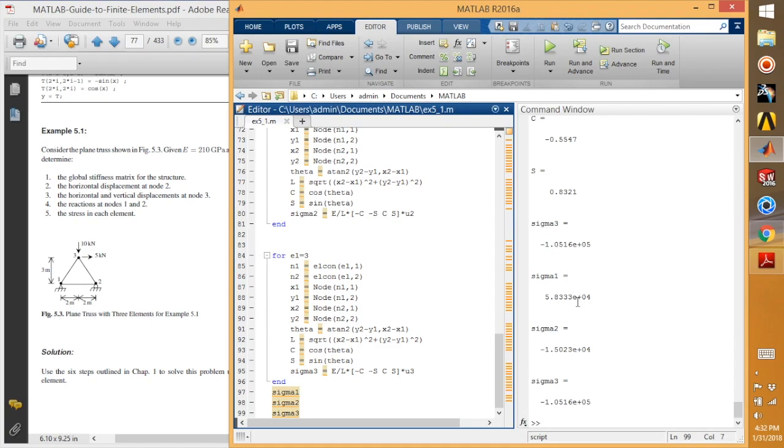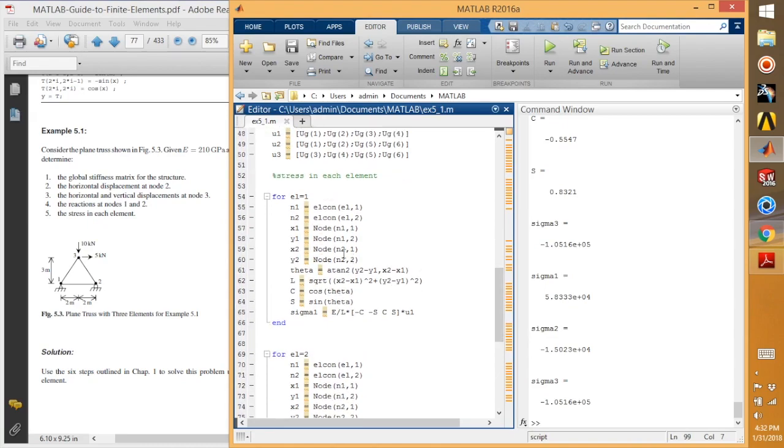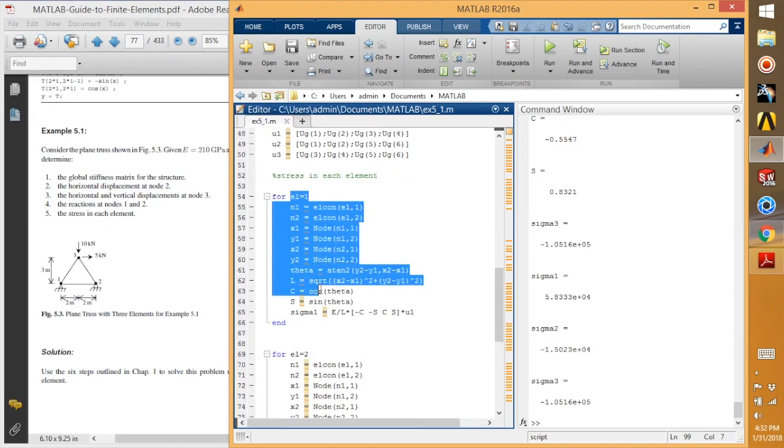So let's describe how we can find the sigma for each element.